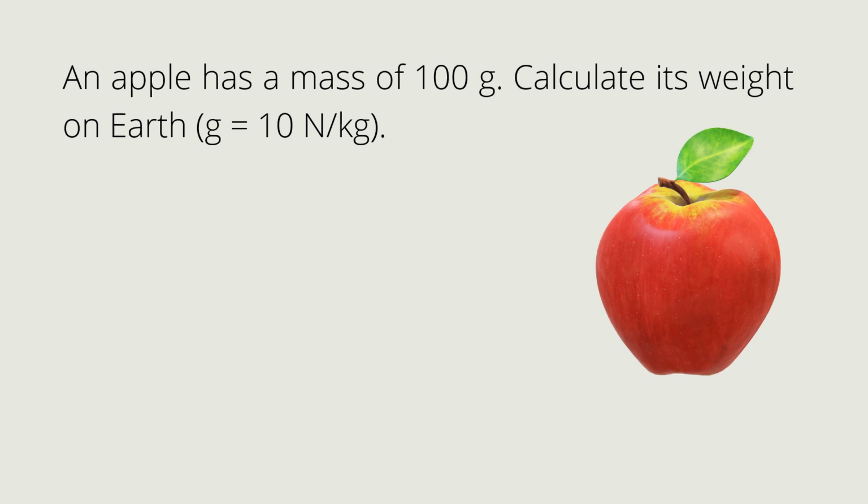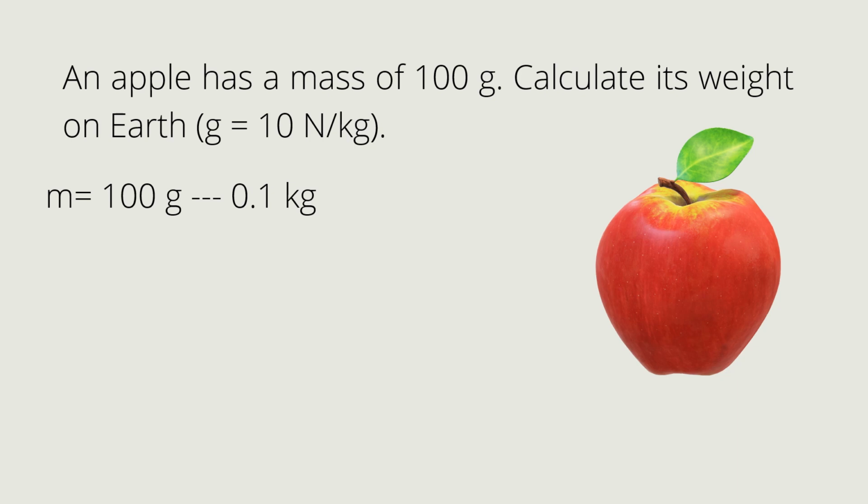So always the first step is to take out all the data that you have in this task. The first data is that the mass is 100 grams. If you notice, mass is in grams, and you know that in the formula you need to use mass in kilograms.